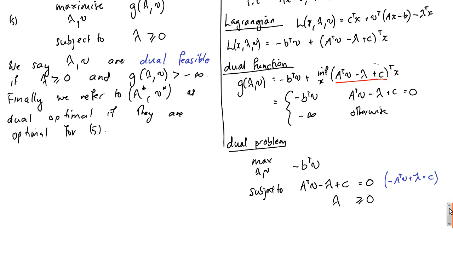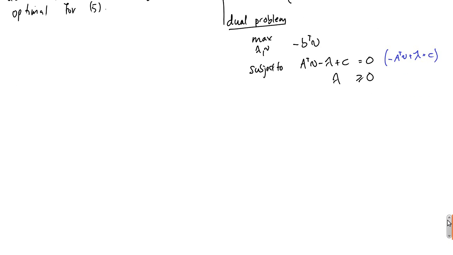So we often write this particular one, or equivalently, we have maximize over nu of negative b transpose nu subject to, so we can just take the slack variables out and write these down as inequality constraints.